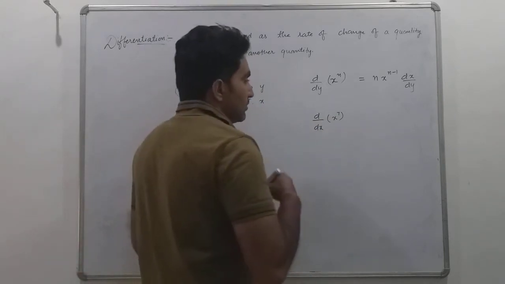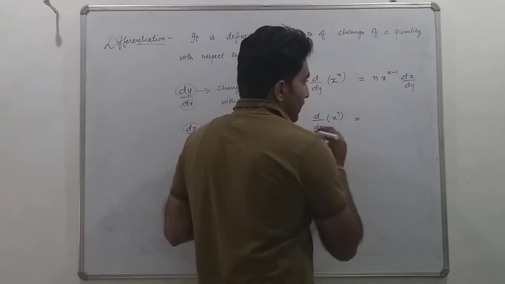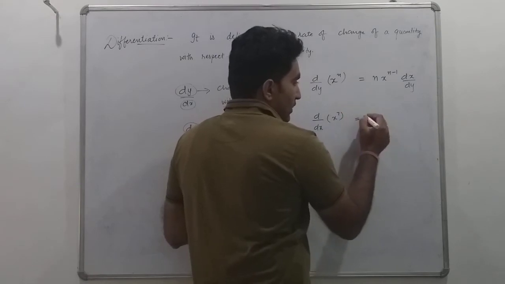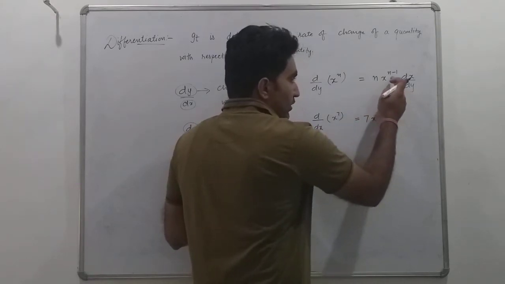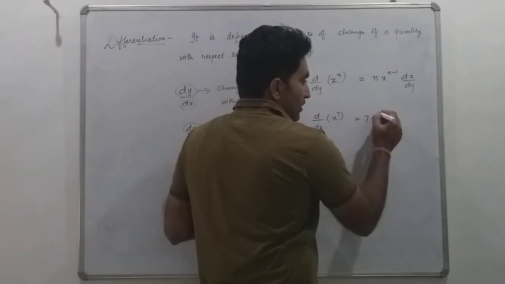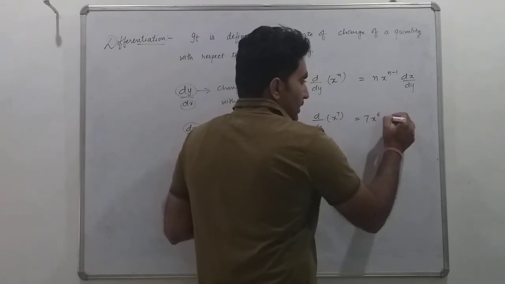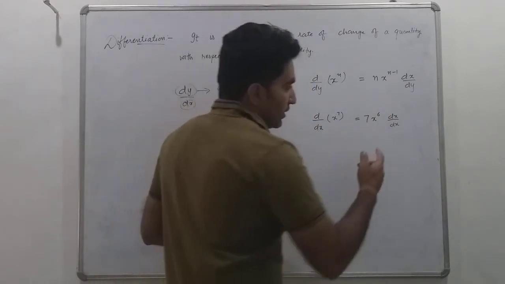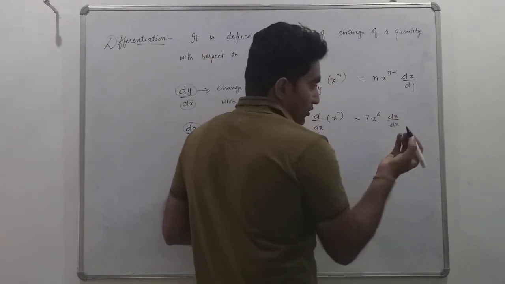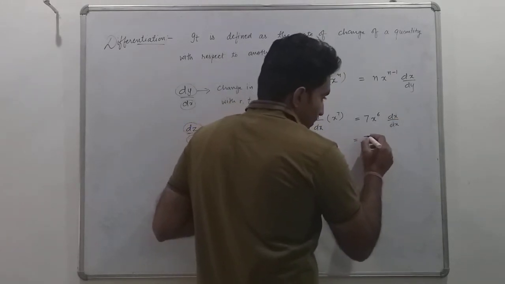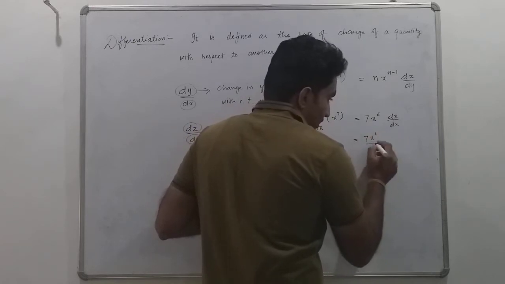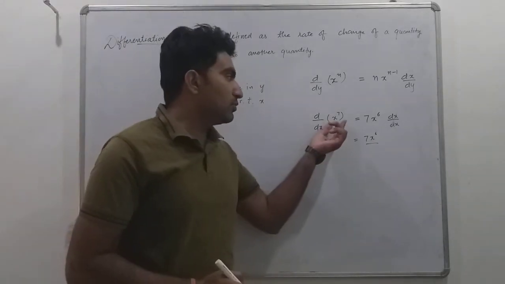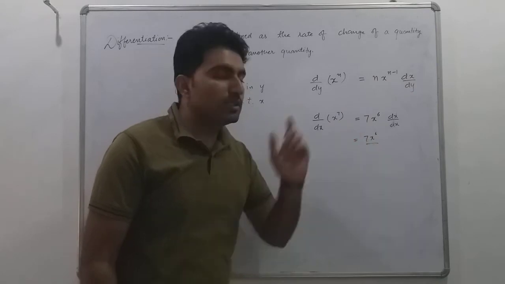According to our formula, the power comes forward, so 7 x raised to power, and we reduce the power by 1, so 7 minus 1 is 6, and again dx divided by dx, which we can simply cancel, or write as the differentiation of x is equal to 1. So the differentiation of x raised to power 7 is equal to 7 x raised to power 6.